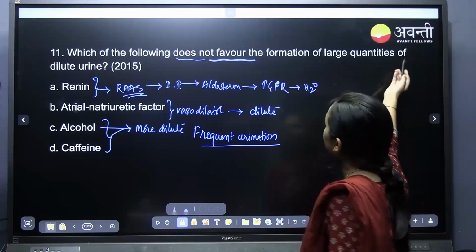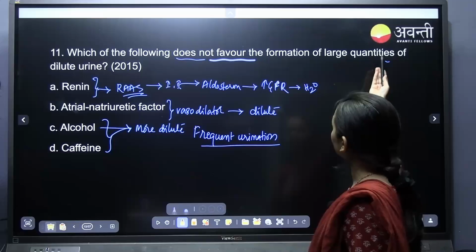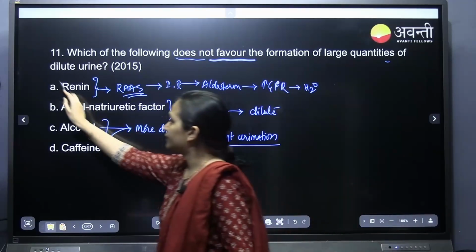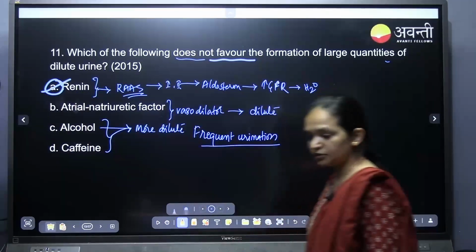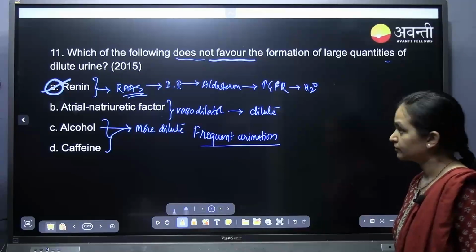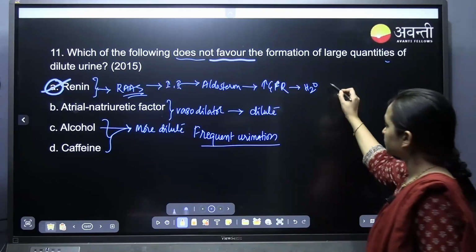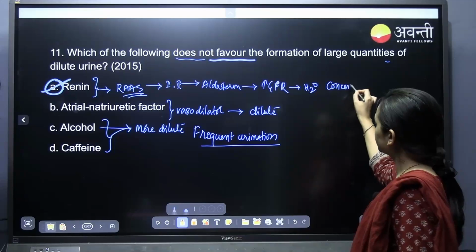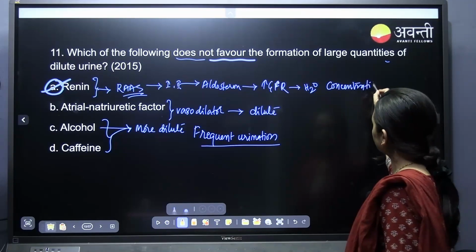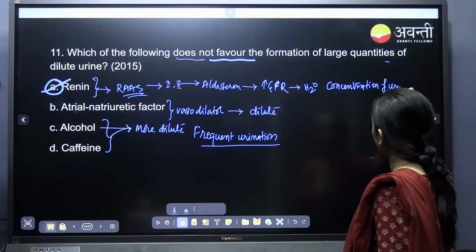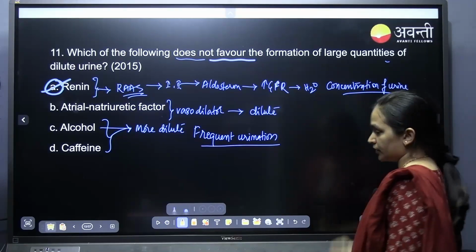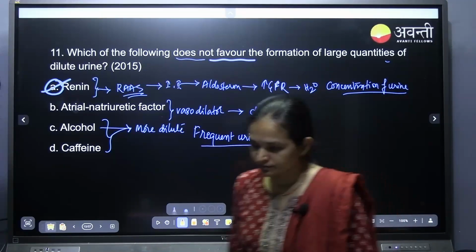Here we need to find which one does not favor the formation of large quantities of dilute urine, that is renin definitely. Understood? Because here concentration of urine is taking place. Any doubts?